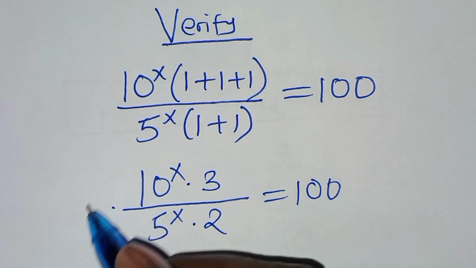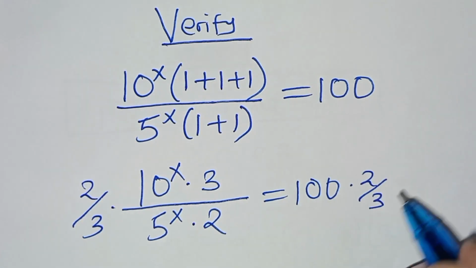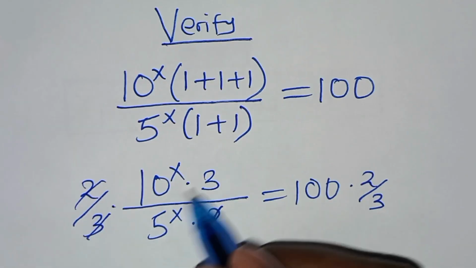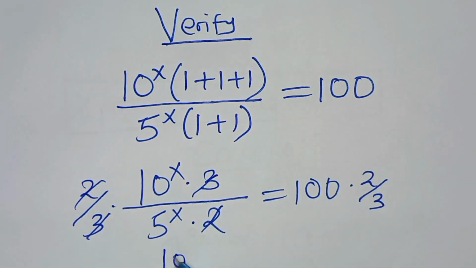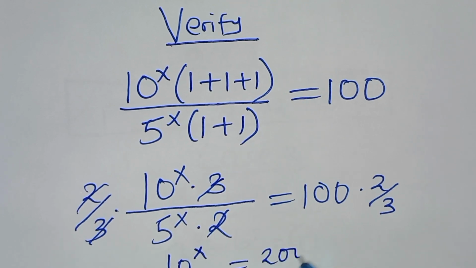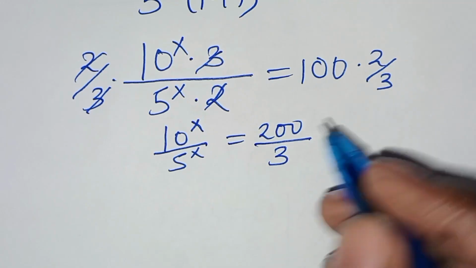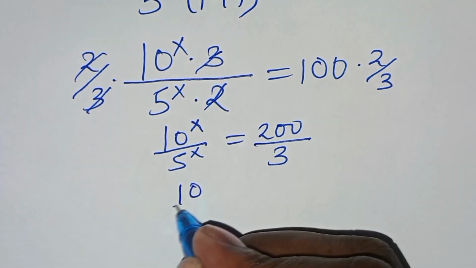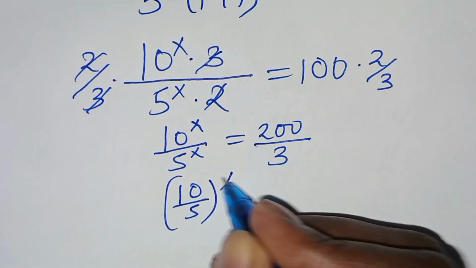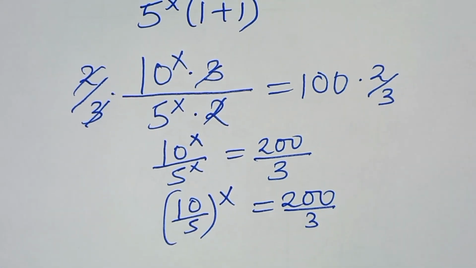Let's multiply both sides by 2 over 3. So that now, here we have 10 raised to power x over 5 to power x, this is equal to 200 over 3. So this implies that here we have 10 over 5 raised to power x, this is equal to 200 over 3.